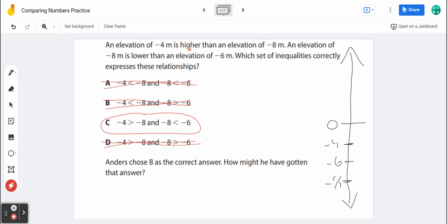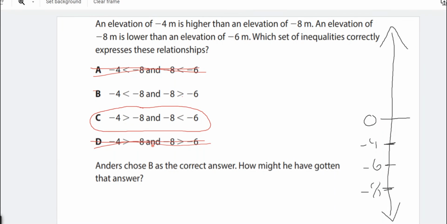There is a part B. Anders chose B as the correct answer. How might he have gotten that answer? So this student said negative 4 is less than negative 8. Negative 8 is greater than negative 6. So they're using this idea, the language that I've been telling you to use in this video.